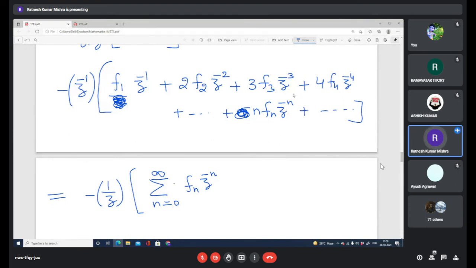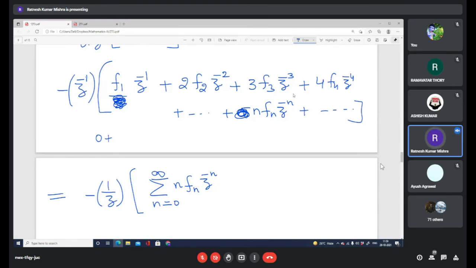Suppose n equal to 0, 0 into anything is 0, so the first one is 0. Now the second one, n equal to 1, so 1 f1 z to the power minus 1, correct.